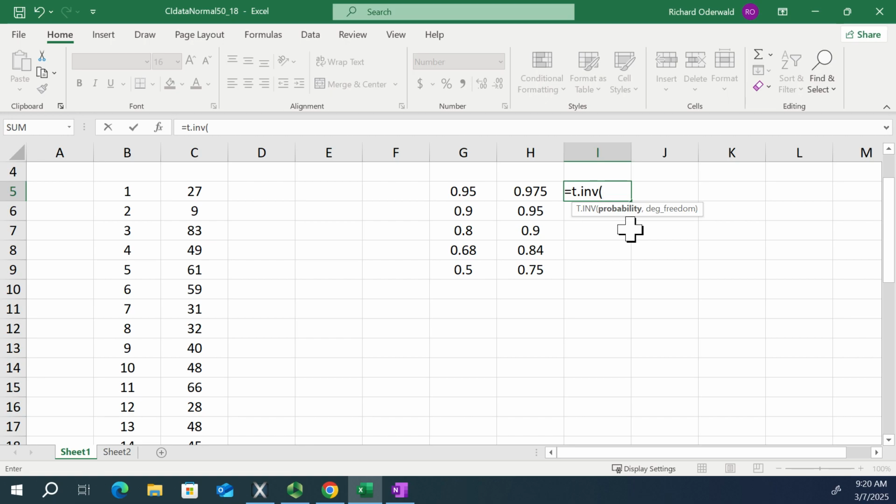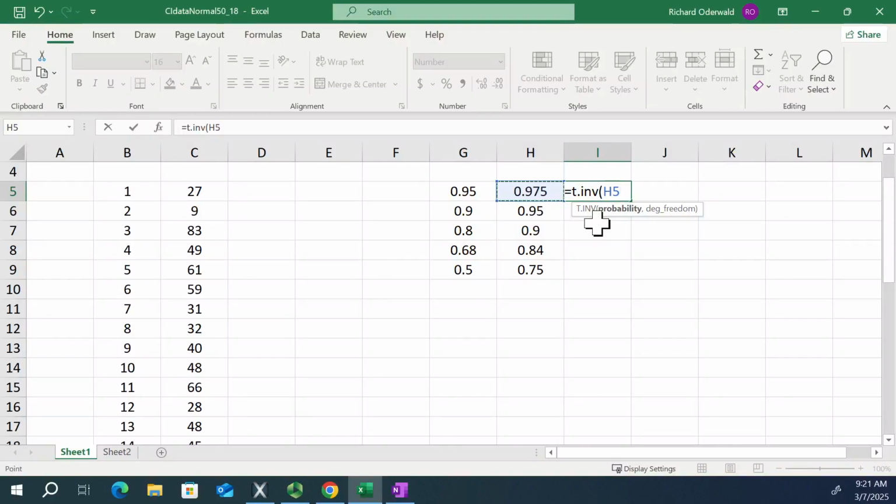The probability is just the one that we got, because it's always coming from the left. The degrees of freedom. How many degrees of freedom? Sample size of 30. 29. It's always n minus 1.